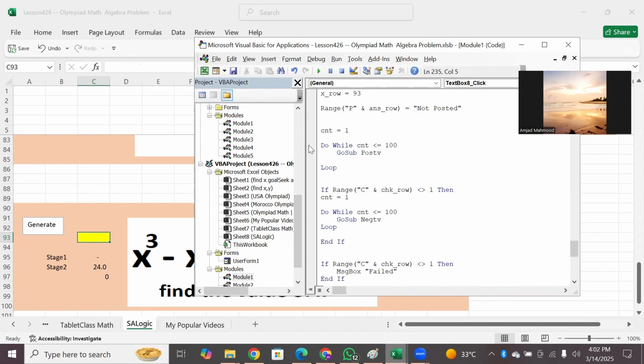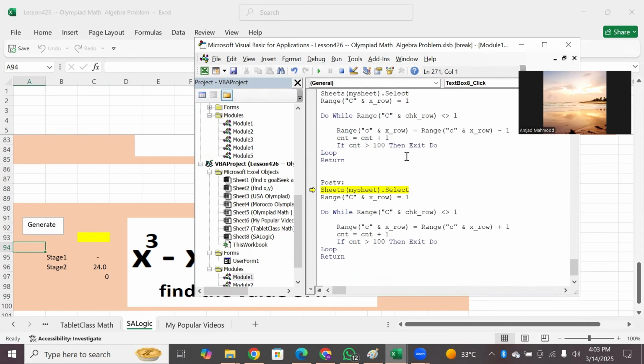So let's put a breakpoint in here and see what it does. Let's click here, so it stops. Now it has started 100 attempts of doing the positive. What does it do in the positive? It increases the value by 1, and it checks the difference between the two. If the check row is not 1, it means there's a difference, so it will keep on adding.